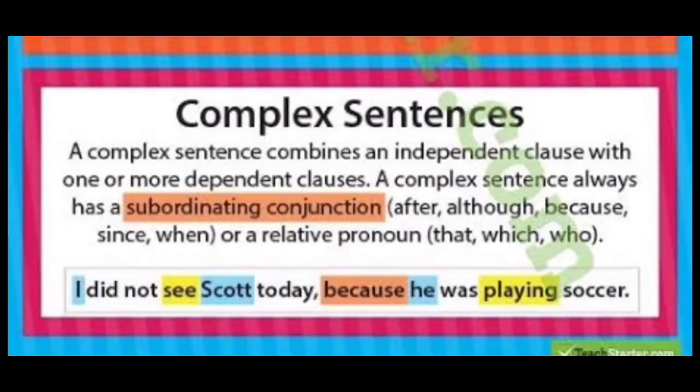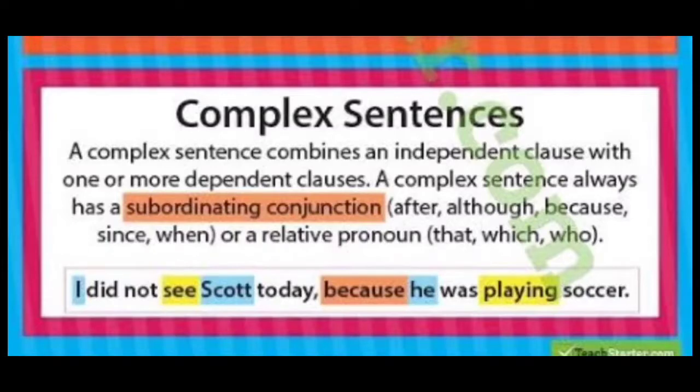A complex sentence combines an independent clause with one or more dependent clauses. A complex sentence always has a subordinating conjunction like after, although, because, since, when, or a relative pronoun like that, which, who.